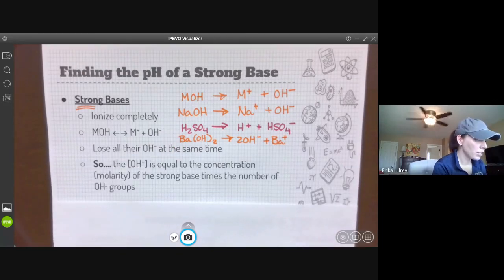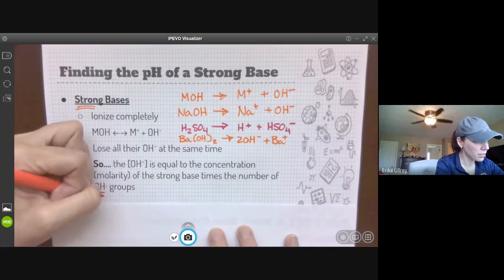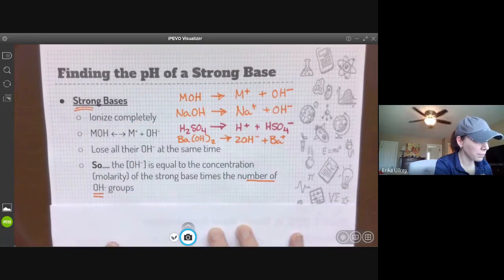So the concentration of OH is equal to the concentration of the strong base times the number of OH groups. That's something we have to think about.